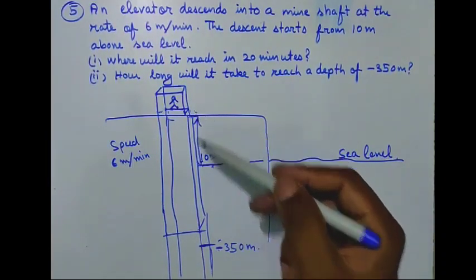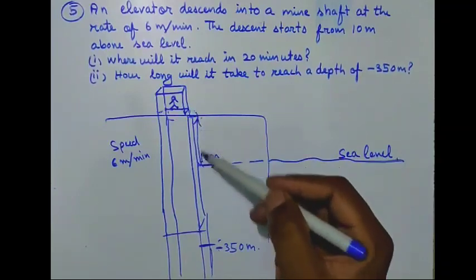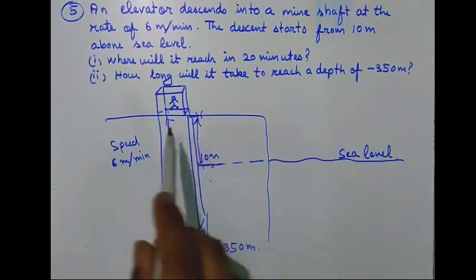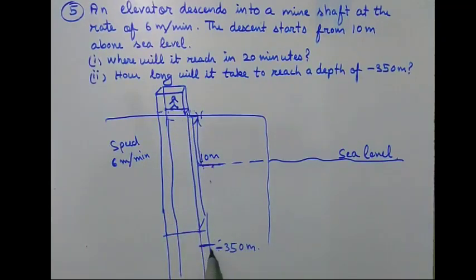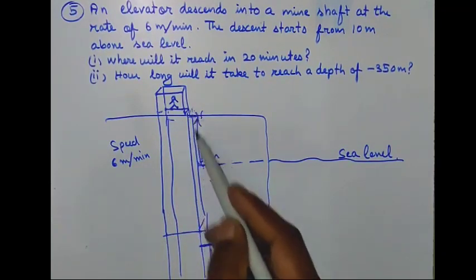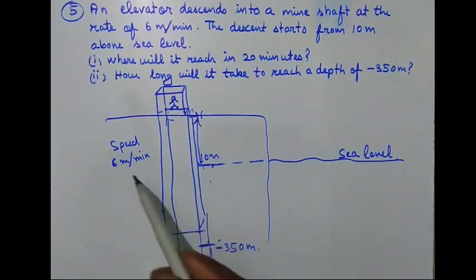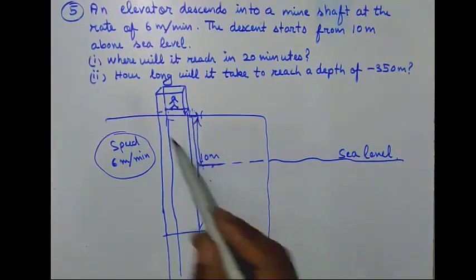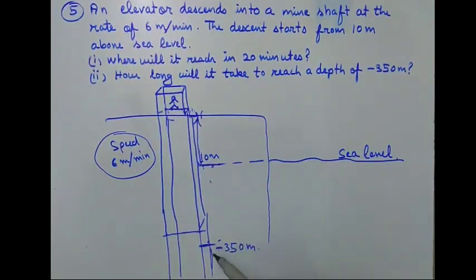So the total distance from here to here will be 10 meter plus 350 meter. So the distance you know, then you know the speed that the elevator takes to travel. So we'll be able to find the time, how long it will take to reach this depth minus 350 meter, right? Let's do it.